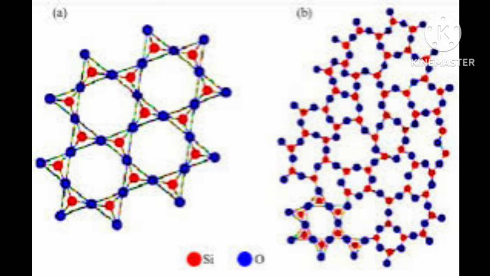The fourth valence electron: you know that carbon has 4 valence electrons, then 3 are just attached to the neighboring carbon atoms.